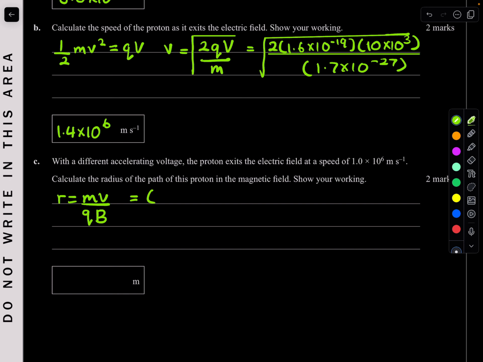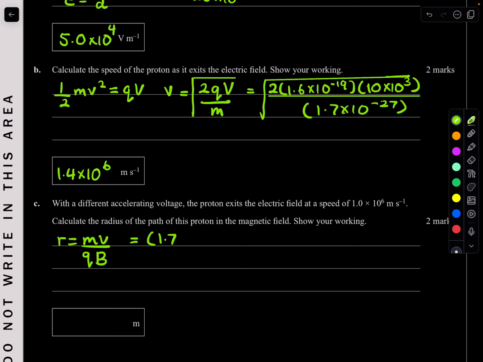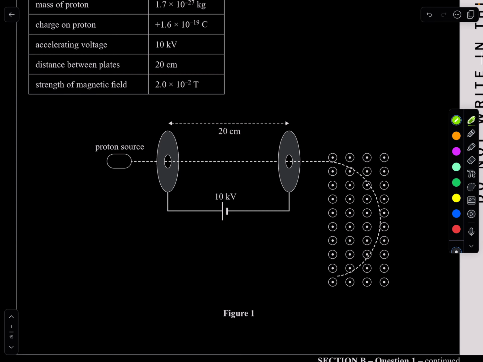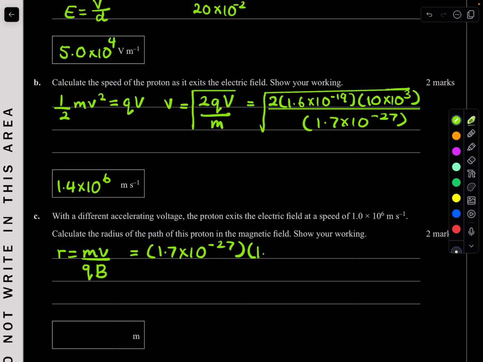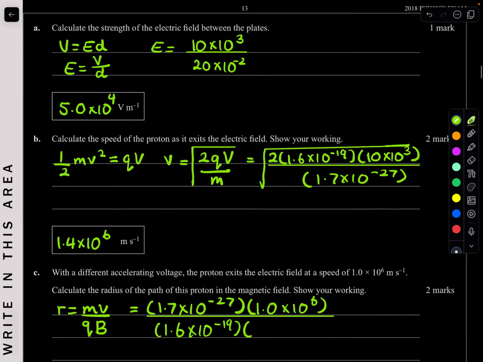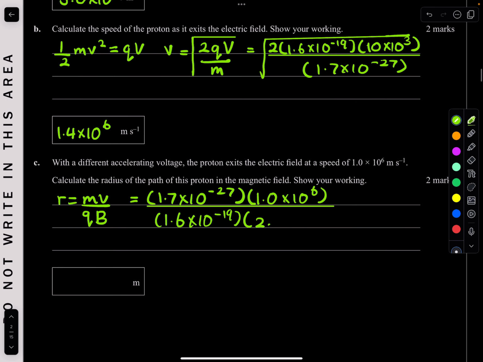So your mass of your proton was 1.7 times 10 to the negative 27. Is that right? And the velocity we're given is 1.0 times 10 to the power of 6, all divided by the charge, which is 1.6 times 10 to the negative 19, times your magnetic field strength, which is 2.0 times 10 to the negative 2.